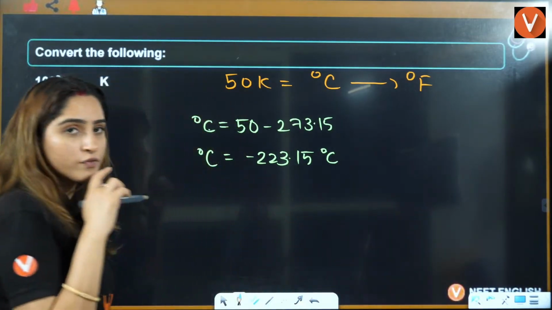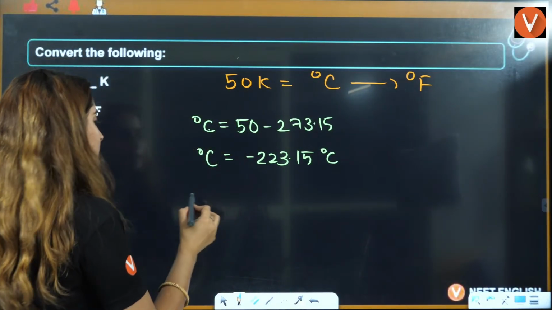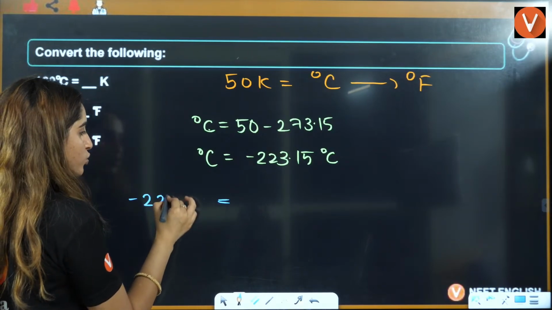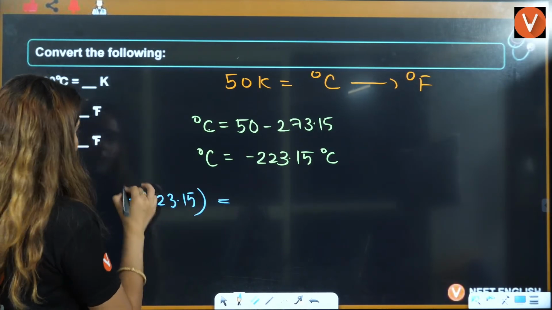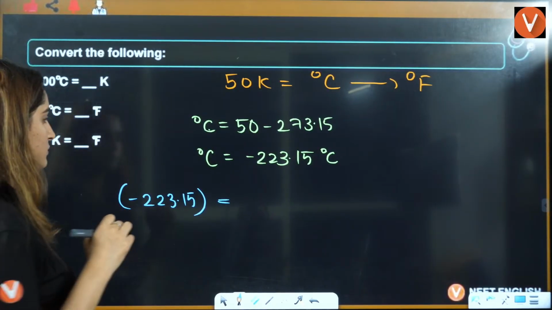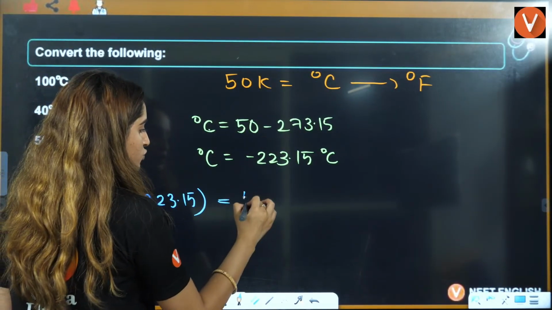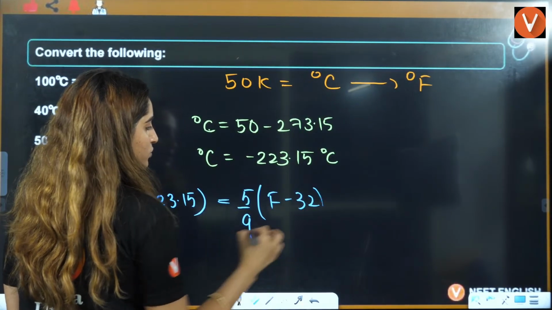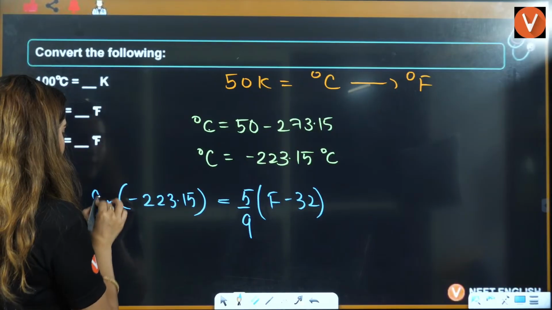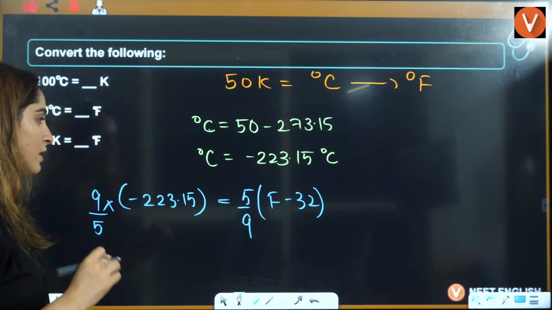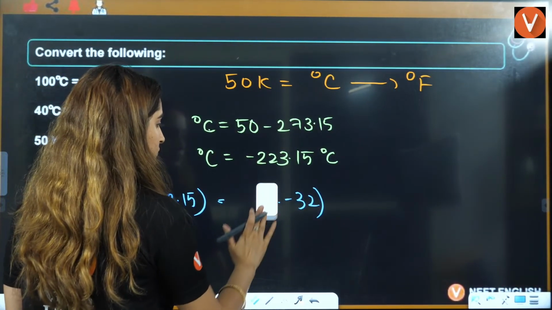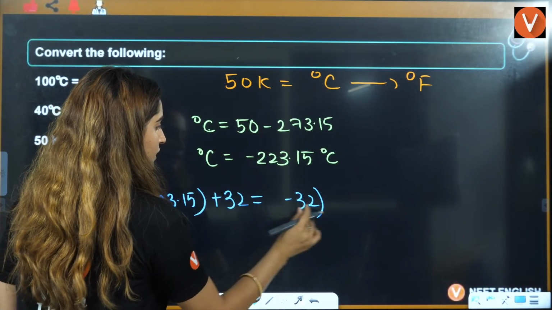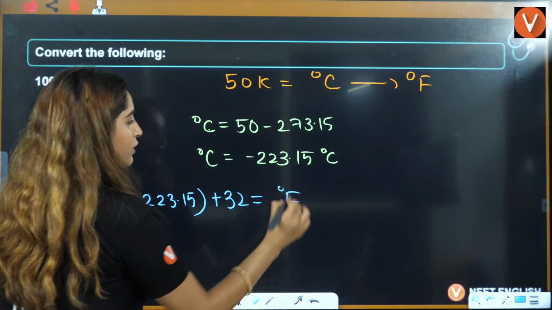Now you have to convert it into degree Fahrenheit. So just put it here. This is degree Celsius, so this is minus 223.15, equal to 5 by 9 Fahrenheit minus 32. So you will multiply it by 9 by 5 and 32 will be added here, and that is your degree Fahrenheit.